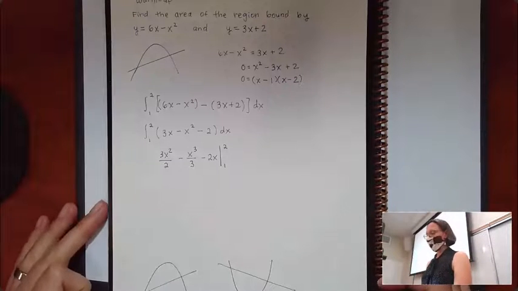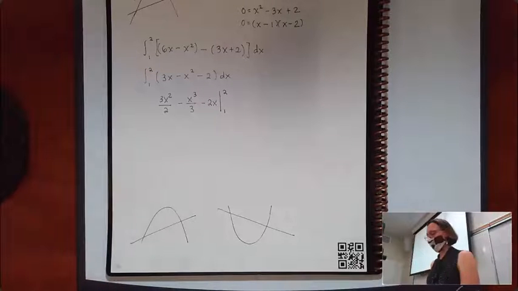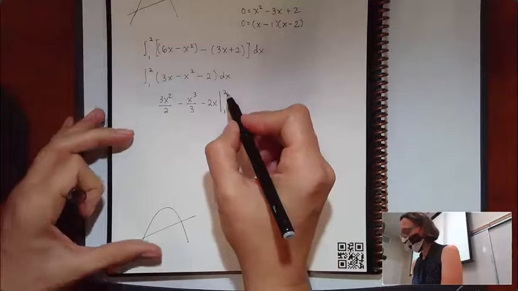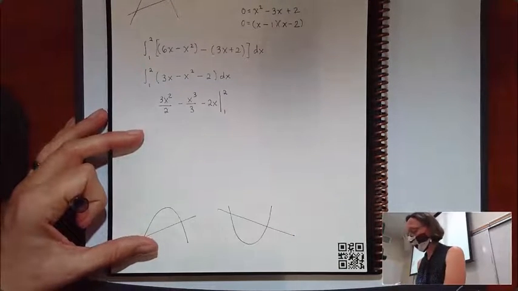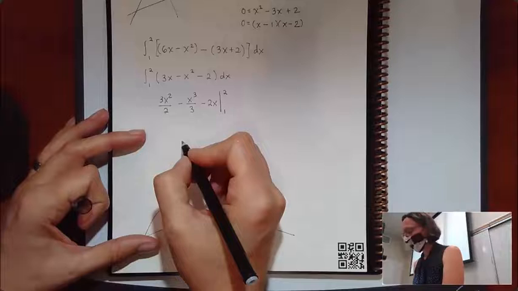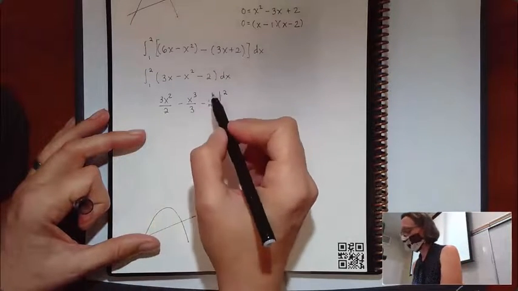I wanted to show everybody a little computational trick if you are simplifying your answers here. So I'm going to go ahead and plug in the 2. I'm going to do the math. It's going to work out too nicely maybe to show you what I was going to show you, but it's okay.